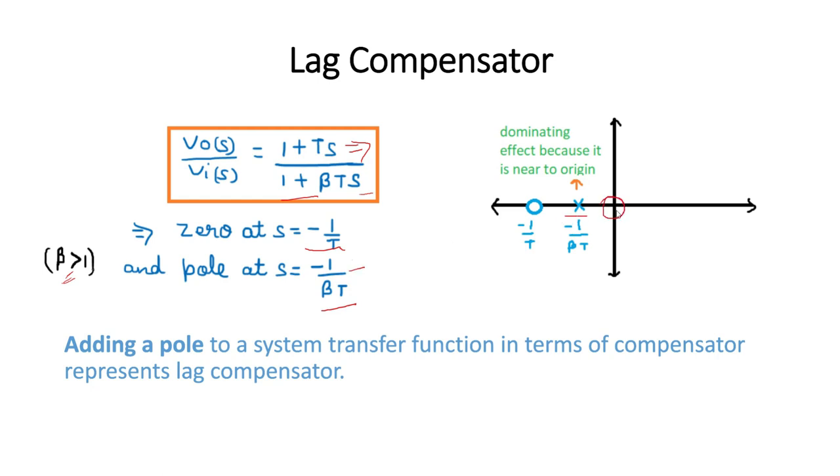You can see this is your origin and this is your pole, and therefore pole is having the dominating effect. Adding a pole to a system transfer function in terms of compensator represents lag compensator, means lag compensator is equivalent to adding a pole, and this was all about your lag compensator.